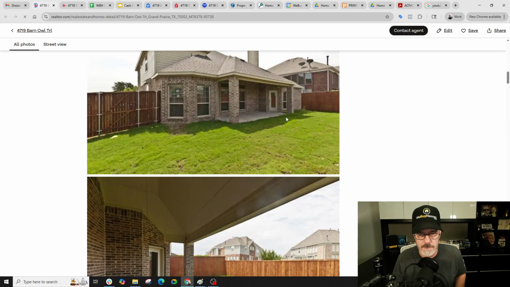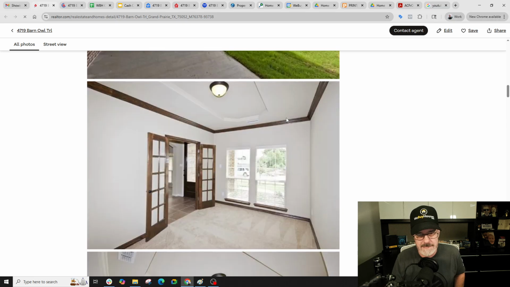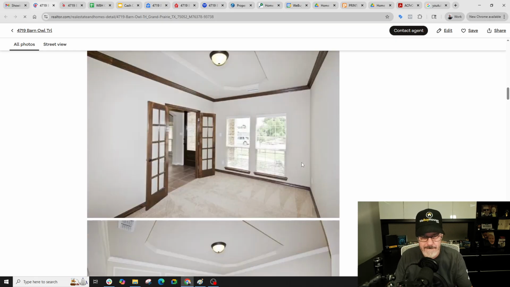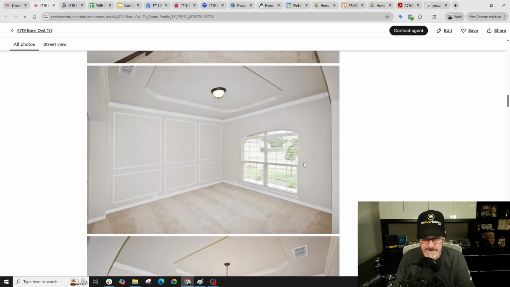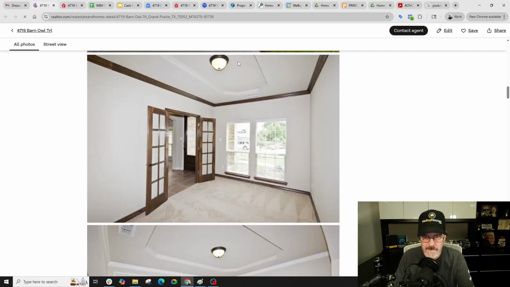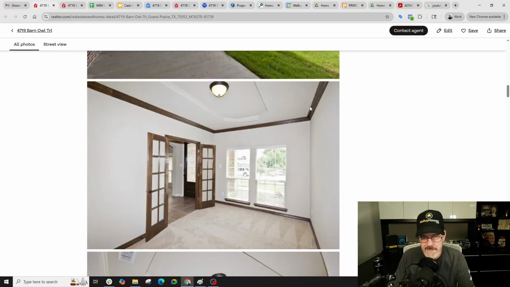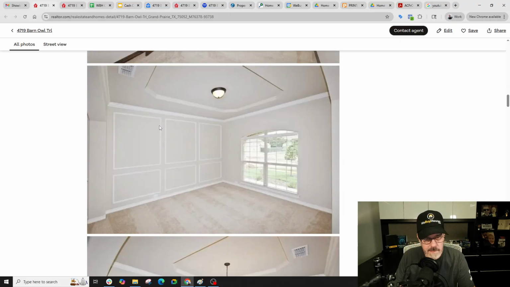It looks pretty good. This is a nice house. The style is, that's okay. Coffered ceilings and a stained crown molding in there, white crown molding here with some picture frame panels there.